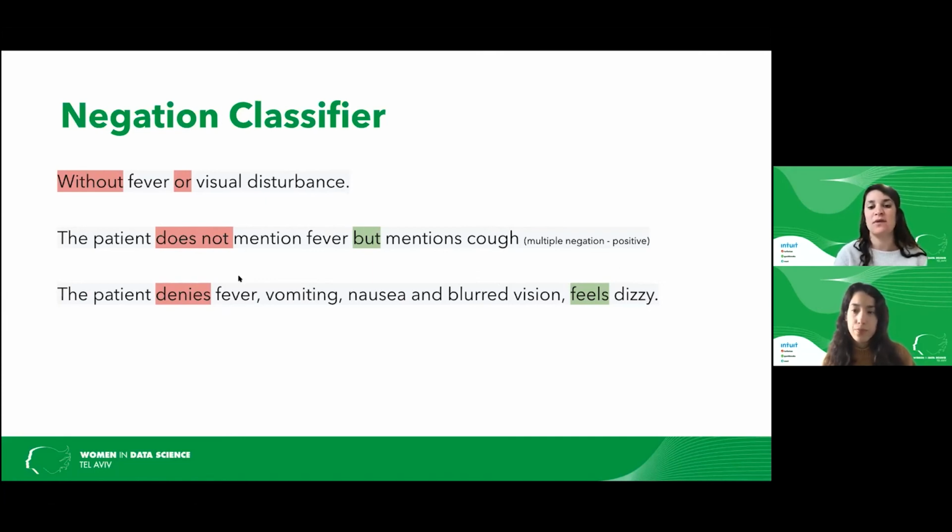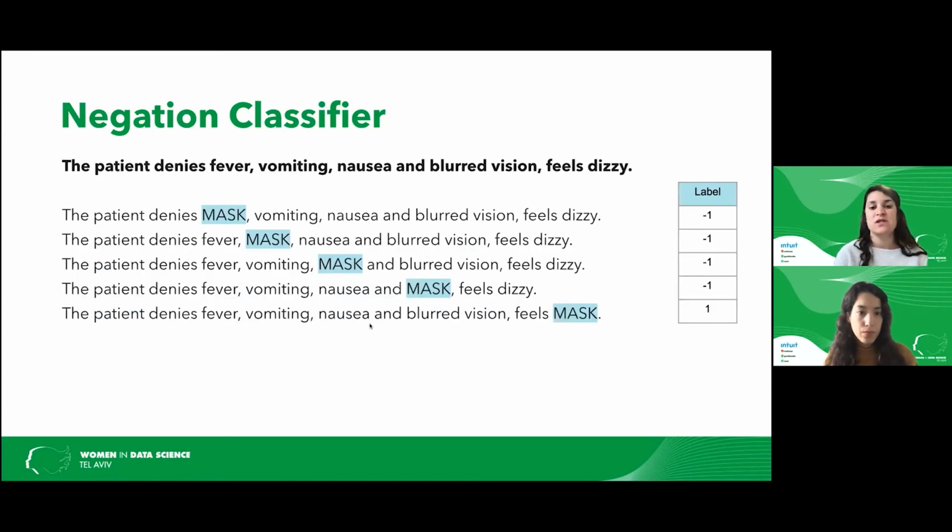So how can we build a model that tells us for each one of the concepts in the text if it is negated or not? In order to do that, we use a masking mechanism. The masking mechanism helps us with two issues. One issue is that it tells us which of the words in the sentence are now in focus.